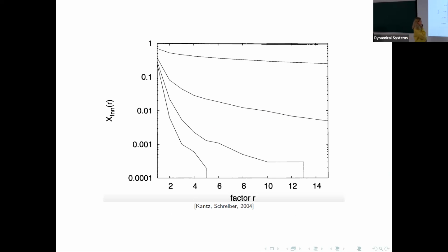So for different values of d, like d1, d2, and so on, and different values of r, we compute such curves that are just the values of the statistic. And if it drops significantly to 0 with some r, then we can say that, for example, this embedding dimension is probably enough.